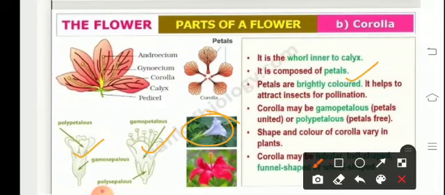So the shape of the corolla may vary. When we talk about gamopetalous, we are talking about petals that are fused. So generally they are bell-shaped, like in case of tobacco even. And polypetalous refers to where the petals are free, like for example, rose or dianthus.